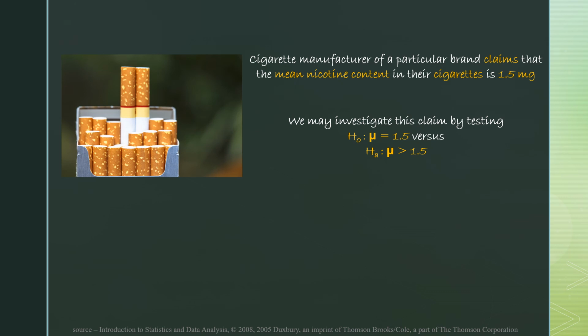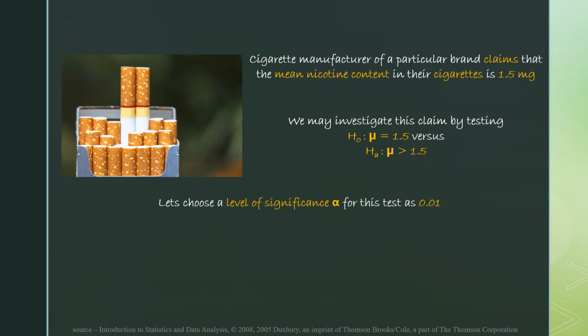The claim of the manufacturer implies that the nicotine content at max equals 1.5 milligrams, may be less but certainly not more. Therefore, we have chosen the alternative hypothesis HA that challenges this claim, contests to reject H0 if strong evidence is available that the nicotine content is more than 1.5 milligrams.